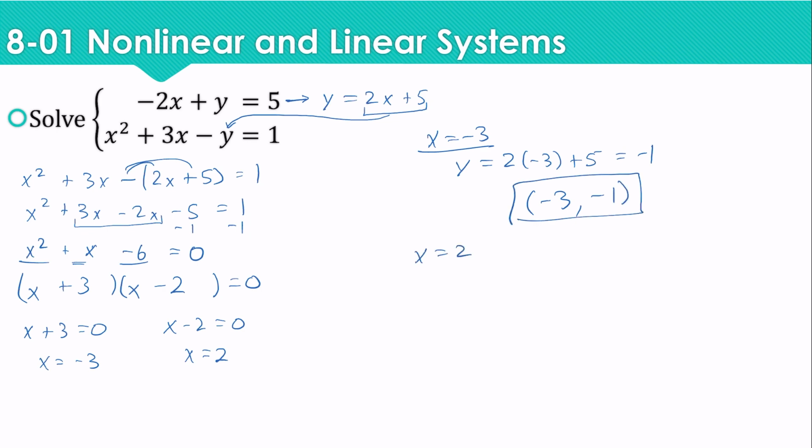But we have another value of x, which is 2. Plug that in. So y equals 2x plus 5, which would be 9. So that point would be x, y. So we have two answers, negative 3, negative 1, and 2, 9.